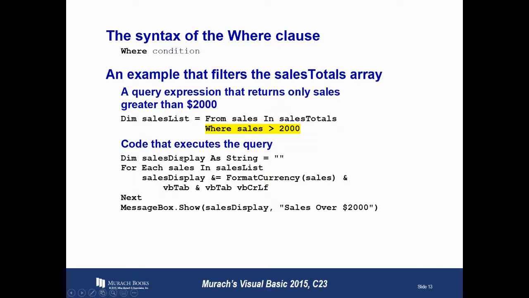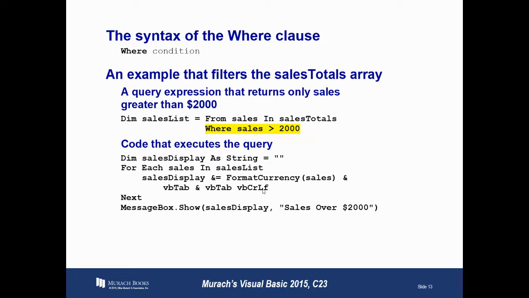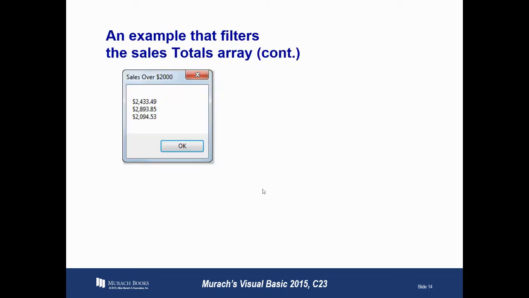Again, here, just for an example, we're building a string that we're going to use messagebox.show to show, any sales over 2,000. And we are just showing that to the screen. So this is what it looks like. Sales over 2,000. So there's other sales, presumably, in this sales list, but we're only showing the ones that are over 2,000.